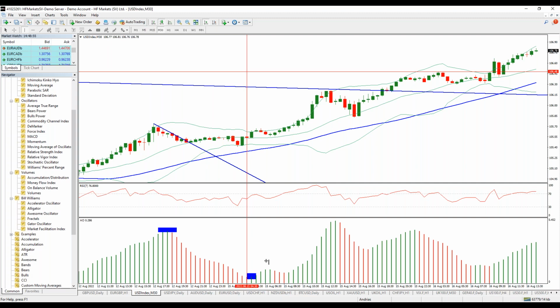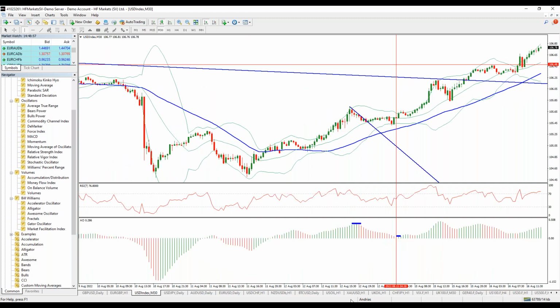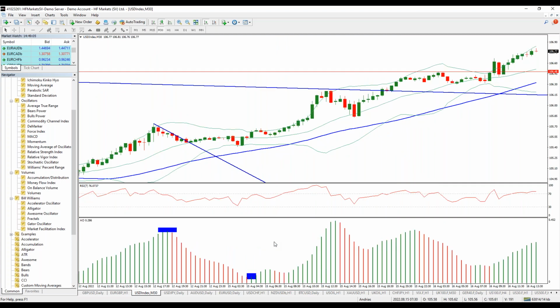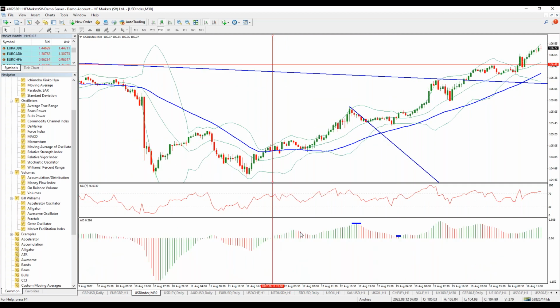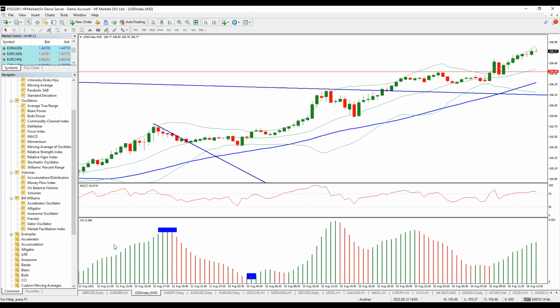But you see over here the dollar index has started, okay, it turned into positive territory in the 30 minutes chart since the 11th of August. So all these turns from green to red or red to green could have been some near-term positions for you.